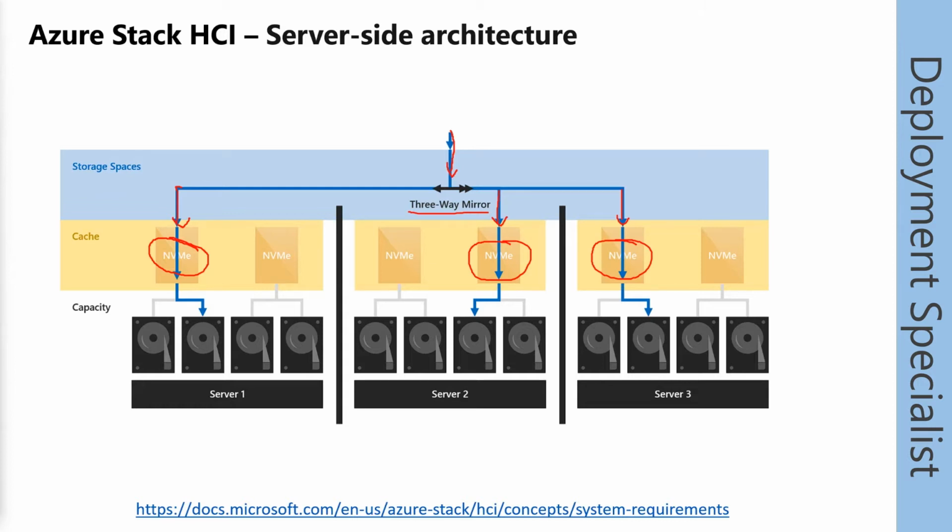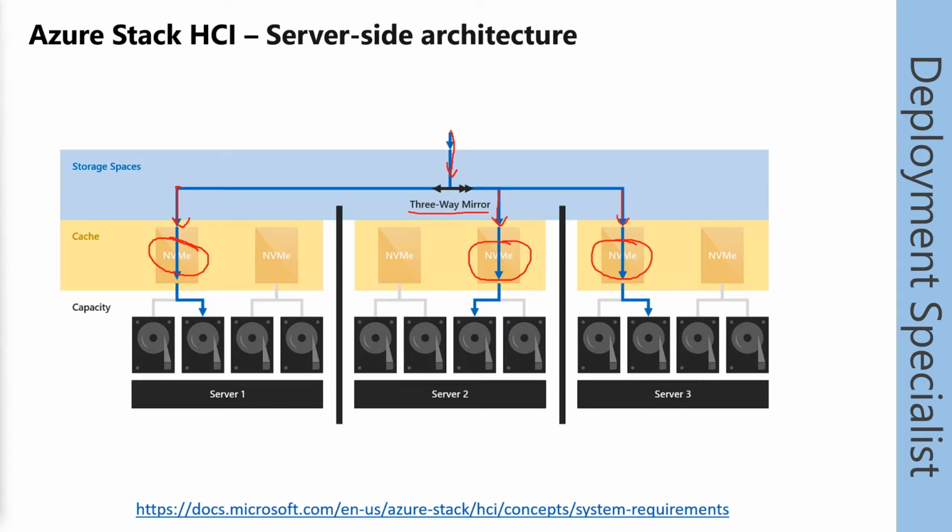So these slabs or extents are distributed across the servers to increase performance and to provide the redundancy we expect in our configuration and we require in our configuration. We will see more information about the redundancy later.